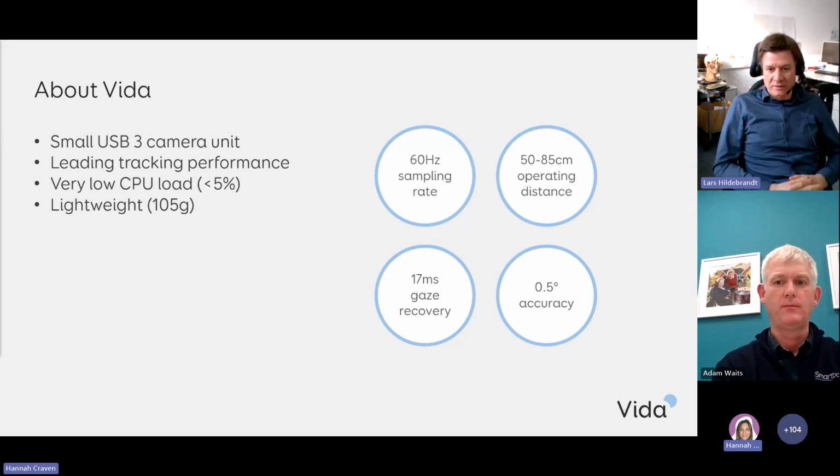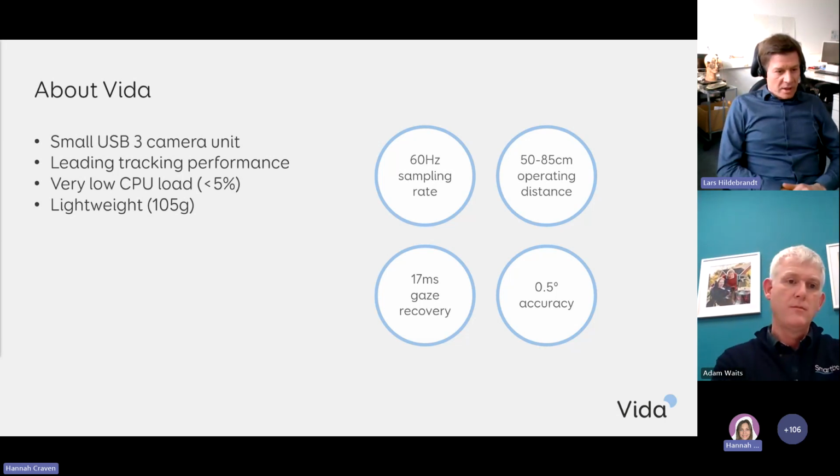The distance range is quite large, from 50 to 85 centimeters, and it compensates for head movement. That means you can look from any direction within that box at a spot on a screen, and the accuracy remains stable. We say down to 0.5 degree. This is of course a bit user dependent. Everyone who works with eye gaze knows not every user can achieve this, but the technology itself allows you to go down to that accuracy, and everything else is then up to the user.